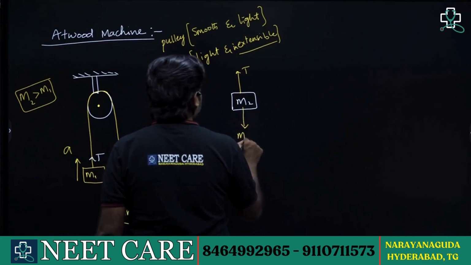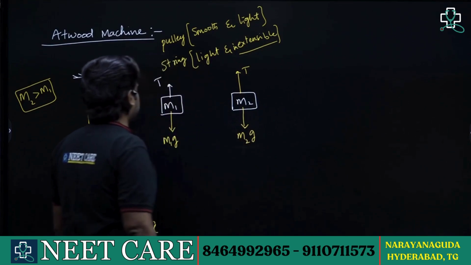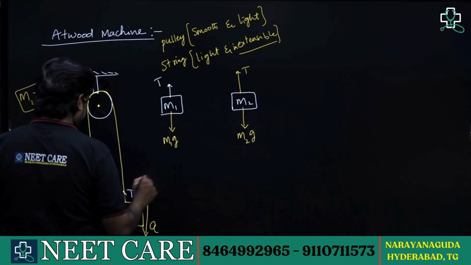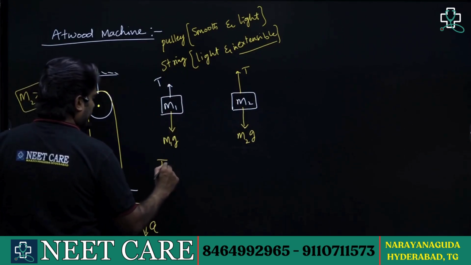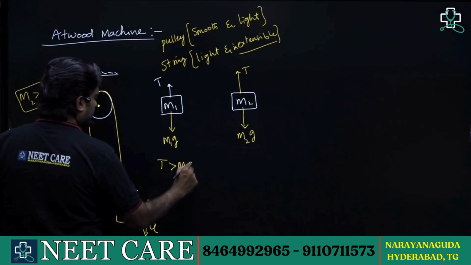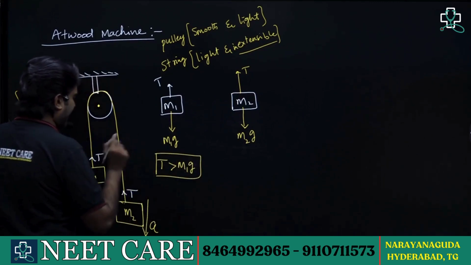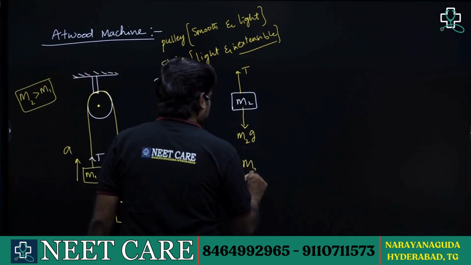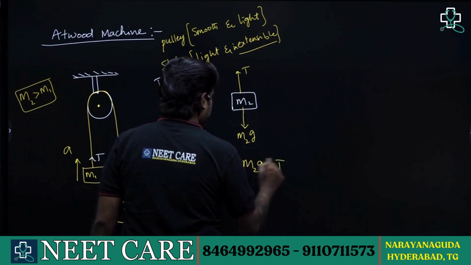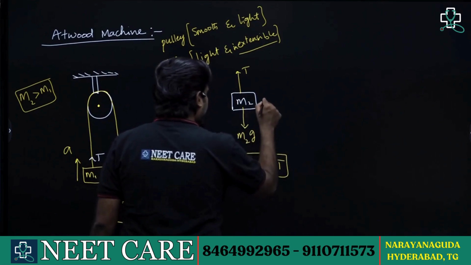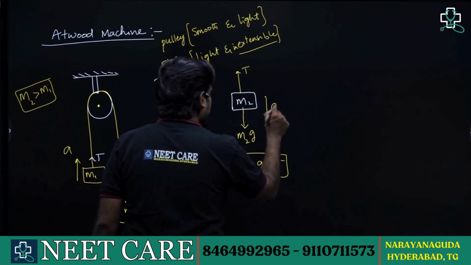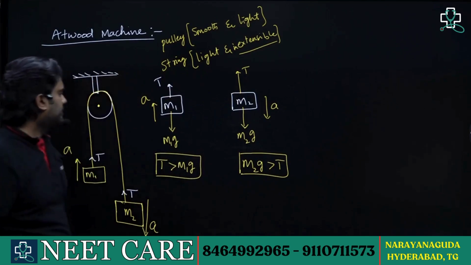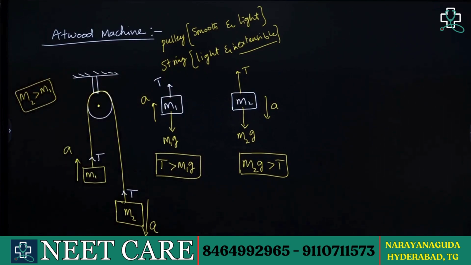All the time gravity direction will be standard and fixed, but according to the question, here T is dominating weight, gravity, but here gravity is dominating tension, due to which this block can be expected to come down, and this block is expected to accelerate upward. That's it. These are the FBDs. Check it out.